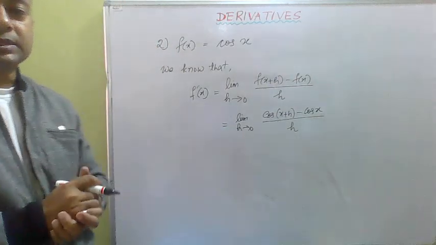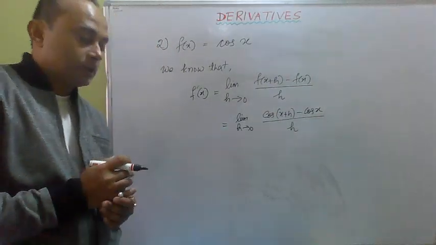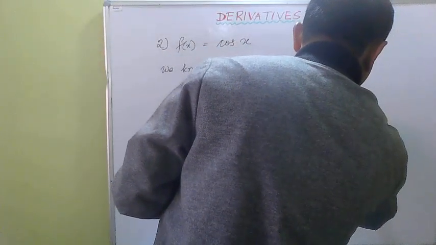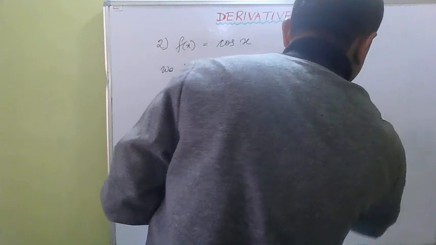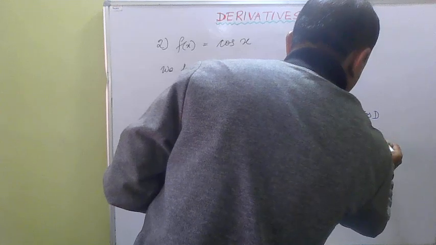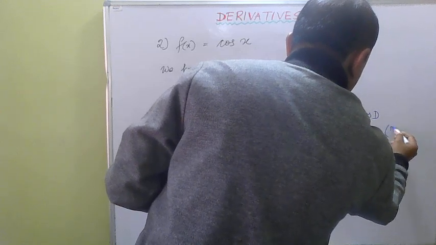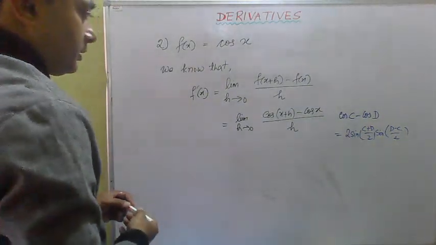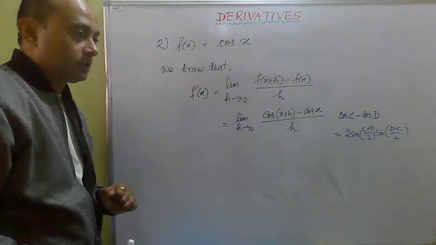Like in the previous case, we have to apply the trigonometric formula here. I hope everybody remembers the formula for cos c minus cos d. The formula is minus 2 sin((c plus d) by 2) and sin((c minus d) by 2). So we are supposed to apply this formula now in the numerator.